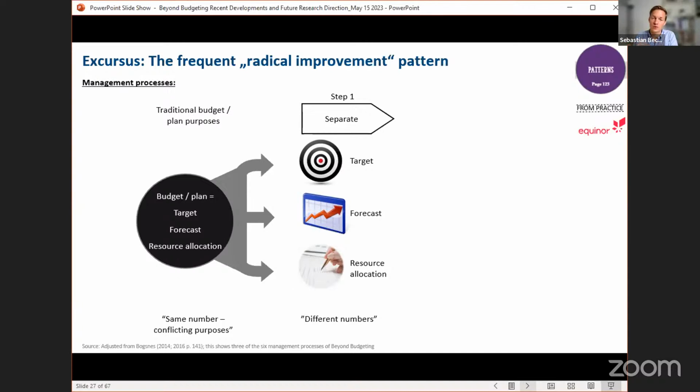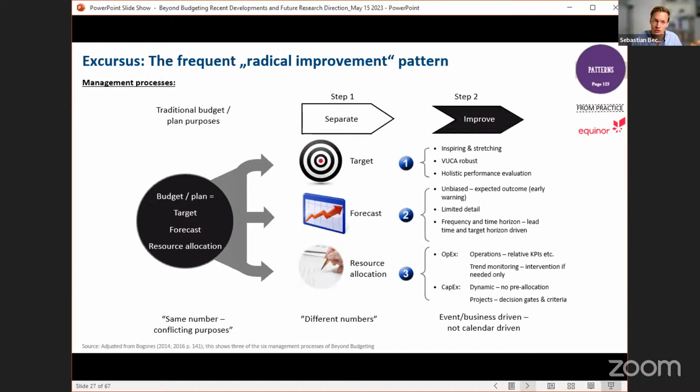And then we have a process, which is our resource allocation. And they are decoupled from each other. Okay, so that's one way of doing this. Once they're decoupled, we don't have conflicting purposes because they're separate processes. And then I can start improving those processes one after the other. So on targets, I can really say, I want to have inspiring goals and targets, really to stretch people, to push them to say, okay, what can I invent?